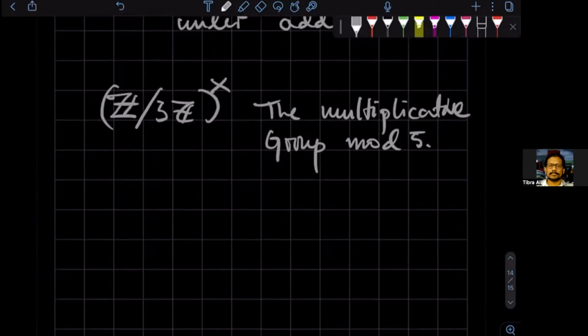So this group has 4 equivalence classes, but they all differ by 5. So -4, 1, 6, 11, 16, ... That's 1.